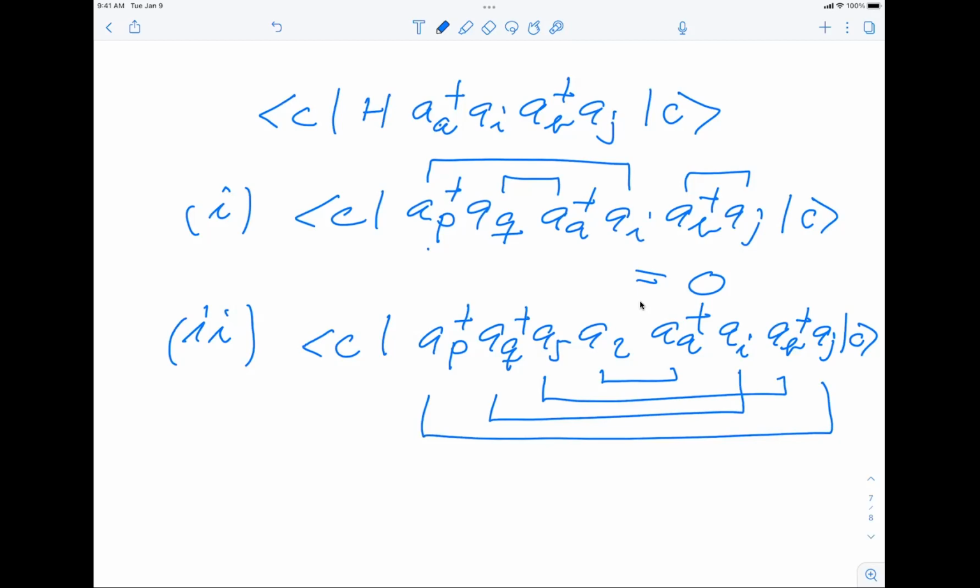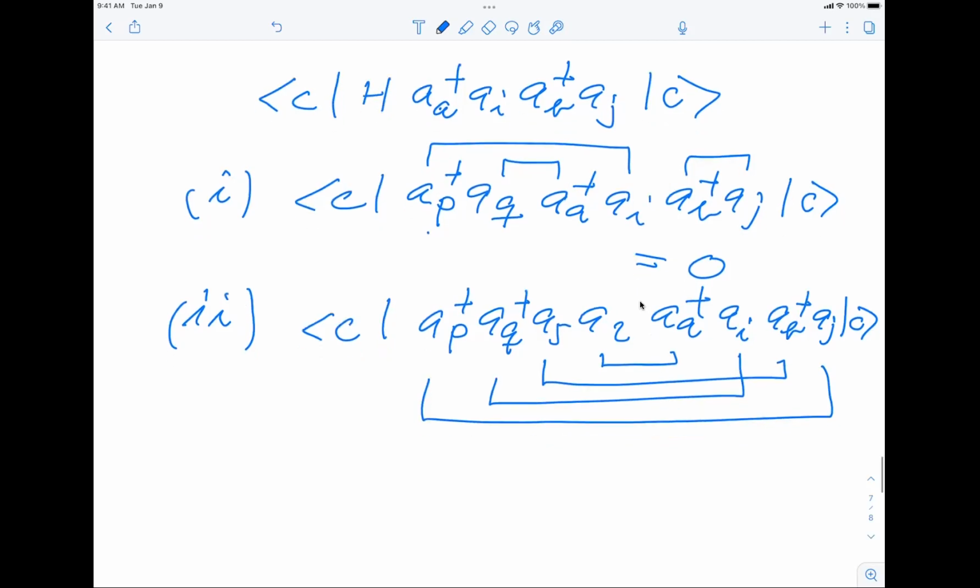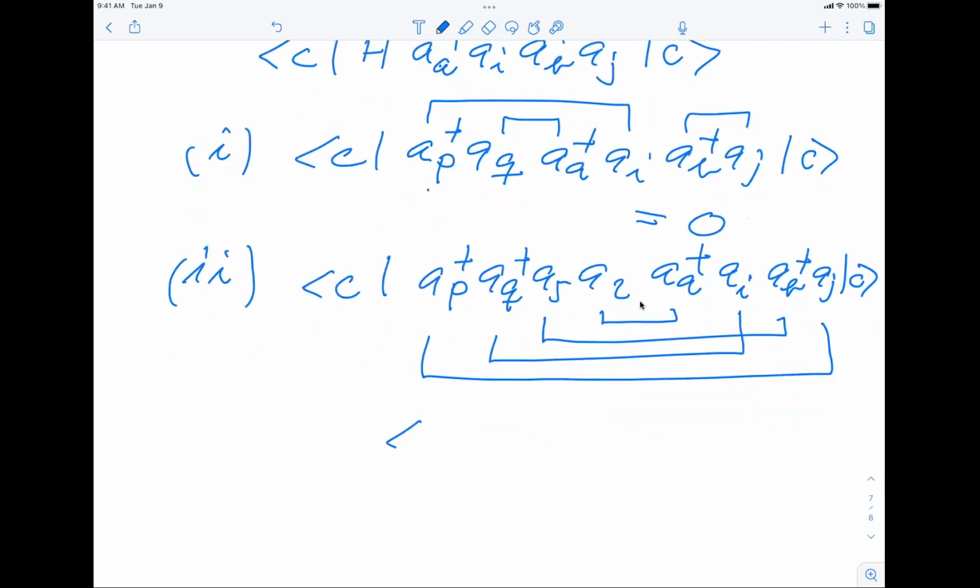And what we're going to see now, when we look at the matrix elements here, is that P is equal to J, so we're going to get that one. Q is equal to I, and then we have V here, and in this case, R is equal to A, and S is equal to B here, anti-symmetrized.